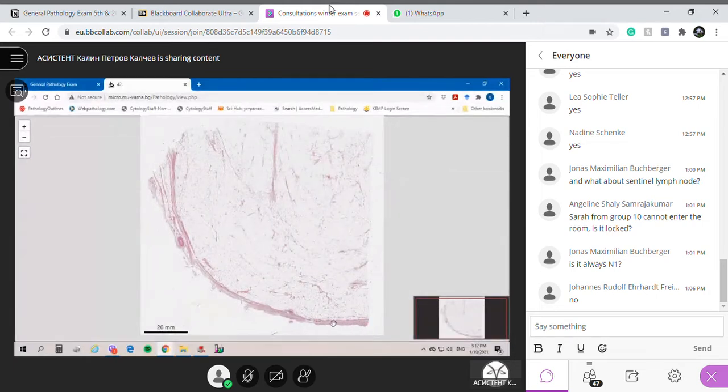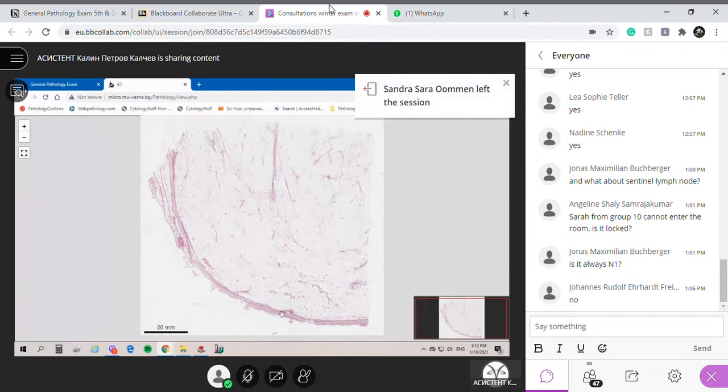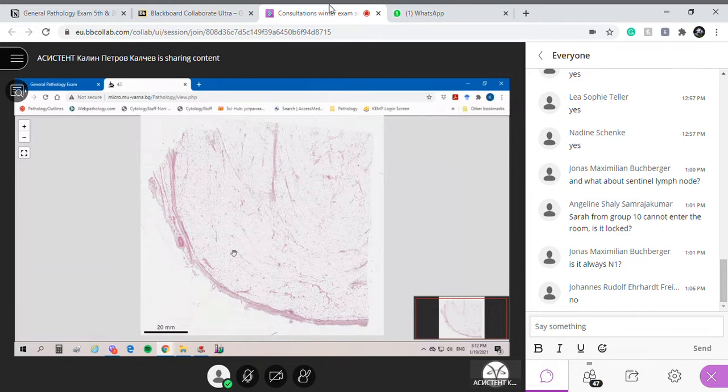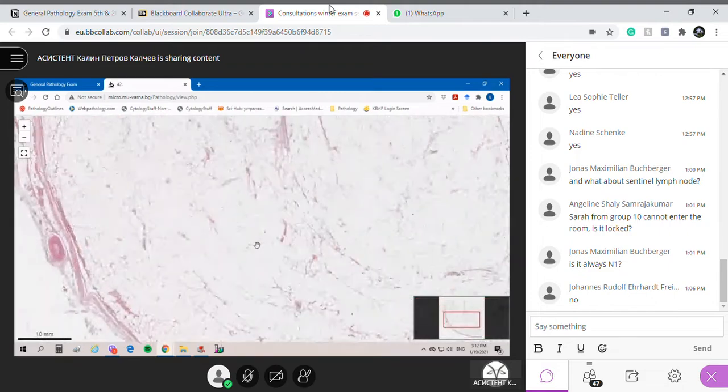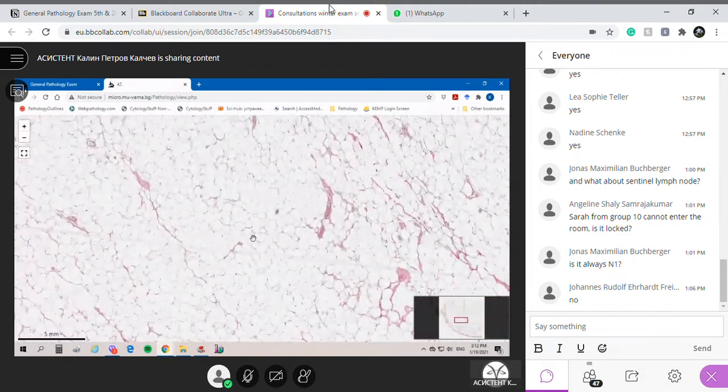You can see this fine fibrous capsule around this tumor, and this encapsulation defines that this is a tumor. Actually, this is maybe the structural atypia, formation of a capsule, and lack of nuclear and cellular atypia defines it as a benign tumor.